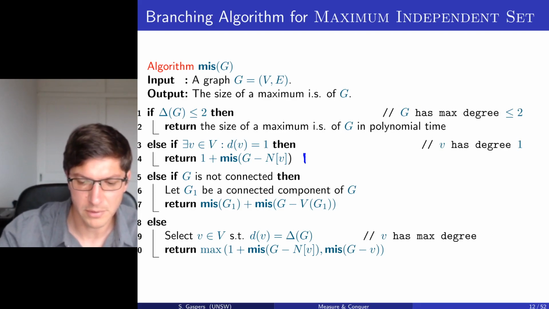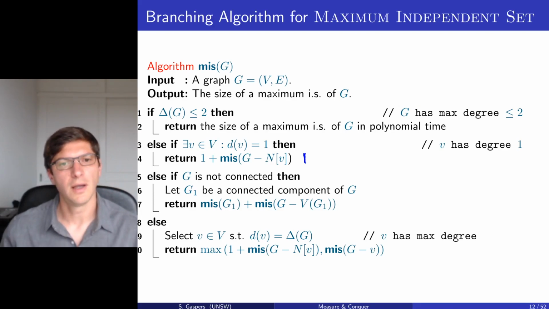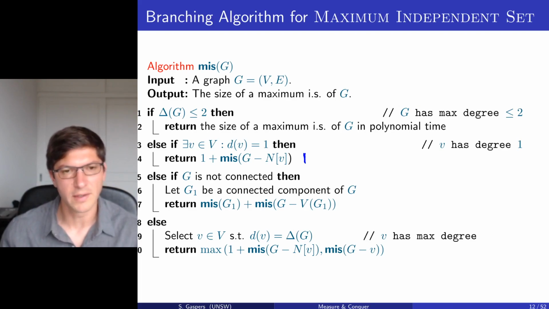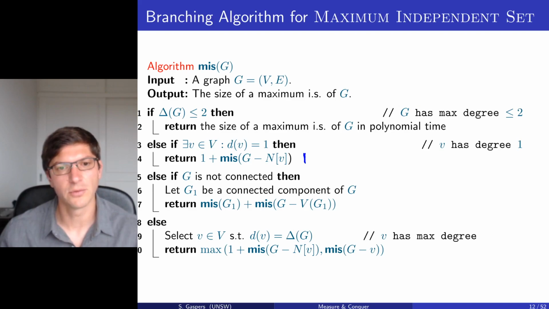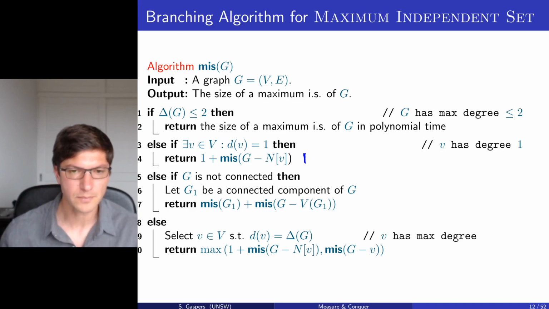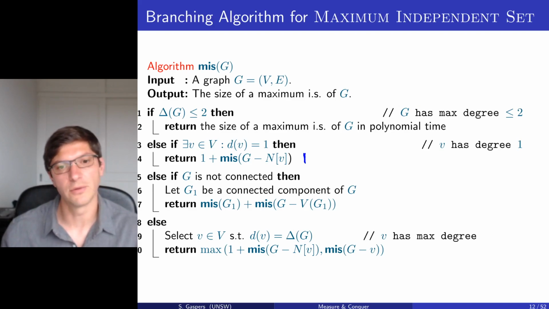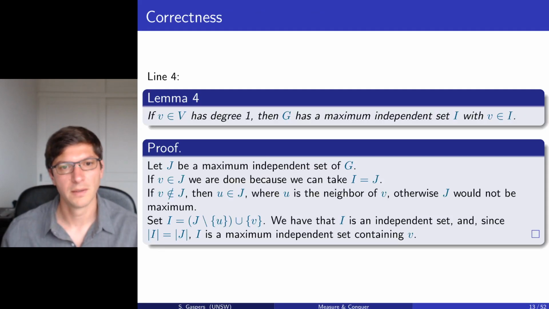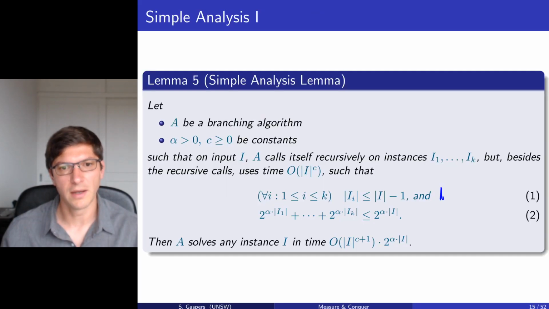If the graph has multiple connected components, then also these components are smaller than the graph itself. And if we branch on a vertex with maximum degree, we either remove the vertex or the vertex and its neighborhood, so the size of the graph also decreases each time. So we satisfy constraint number 1.